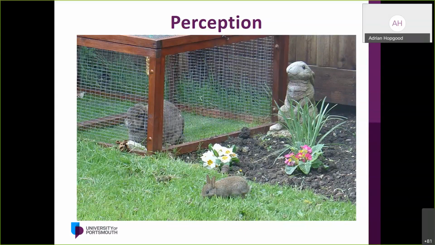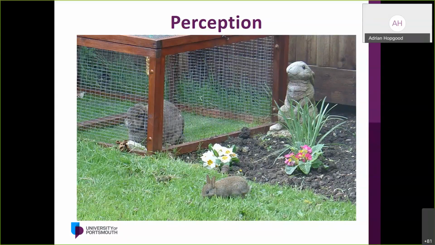So what you've got here is an image which actually contains three rabbits, two live ones and a stone one. There's a pet rabbit in a cage and a wild rabbit in the foreground, which has come to visit on that particular occasion.